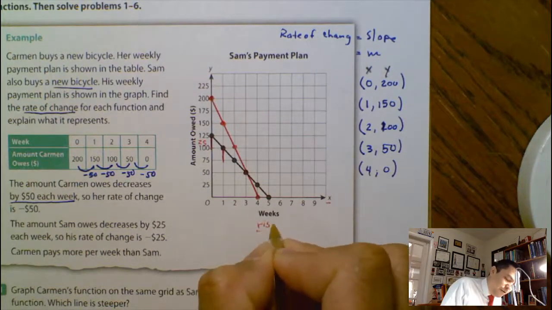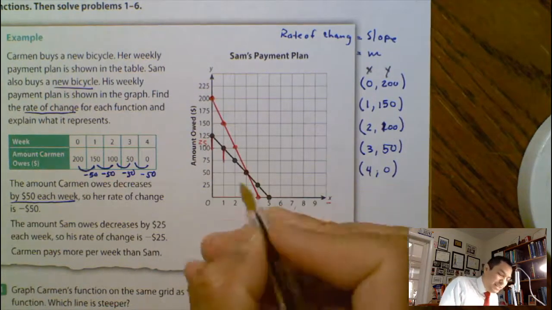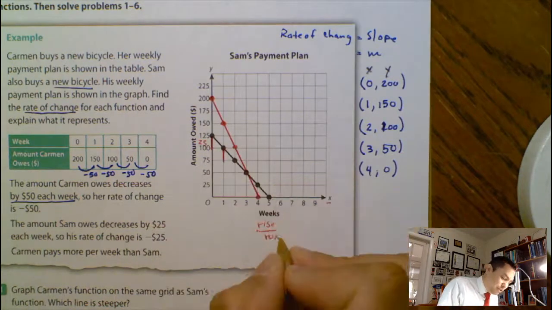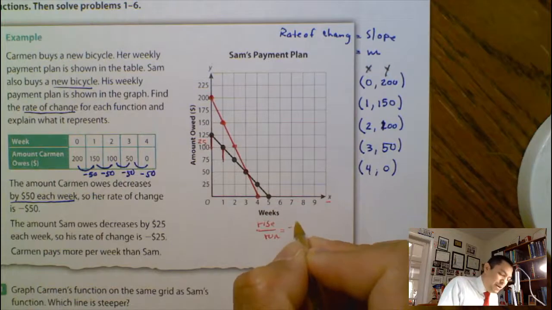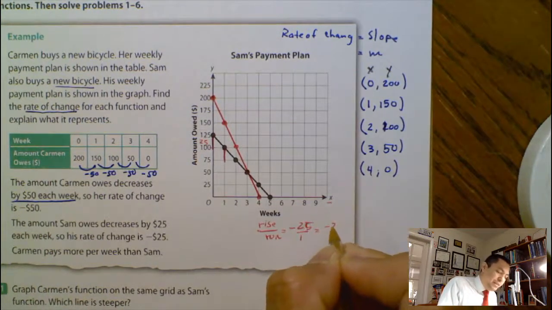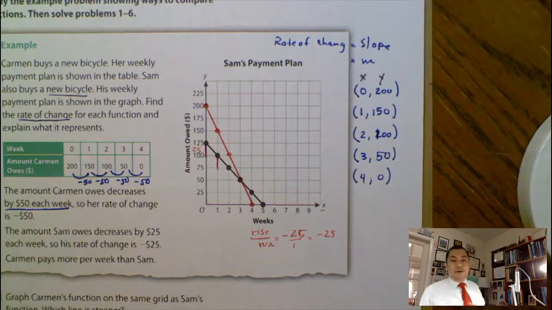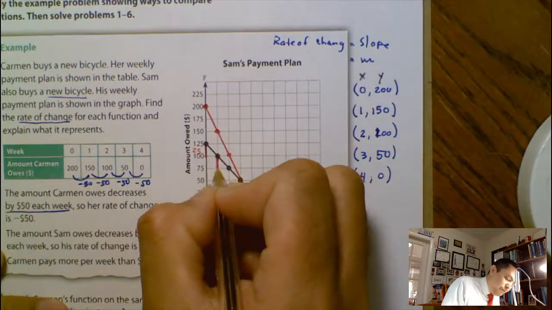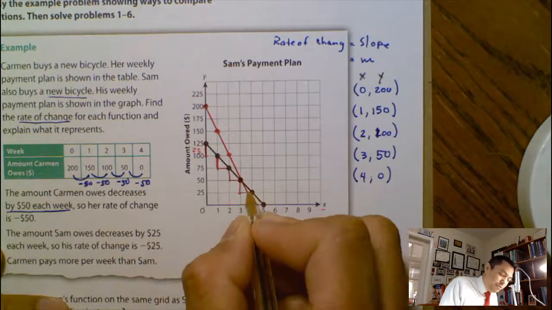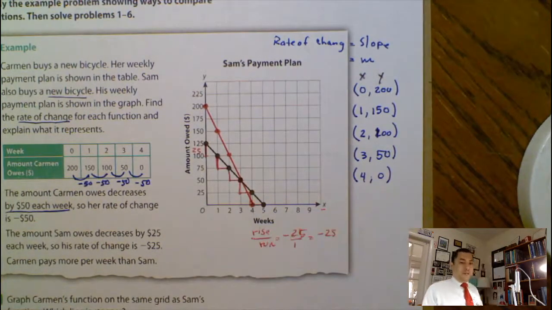But in this case, you're going down and to the right. So it's negative 25 over 1, which equals negative 25 as the rate of change. That's the rate of change.